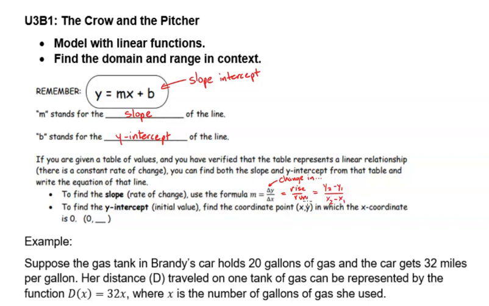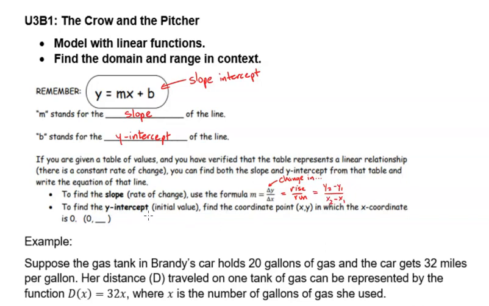These are all really doing the same thing. But the idea is if you have your table of values, you can use two of those values, subtract the y values for the numerator, and subtract the x values for the denominator, and that would give you your slope.